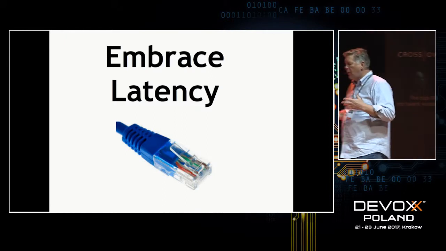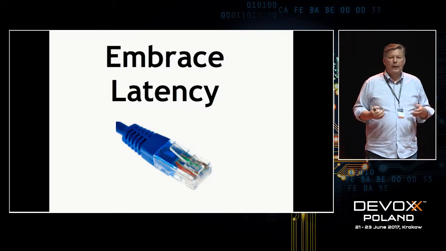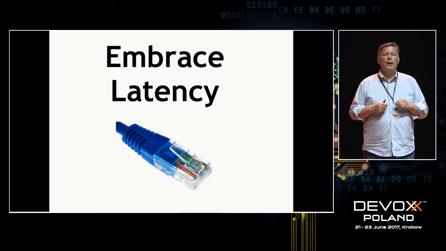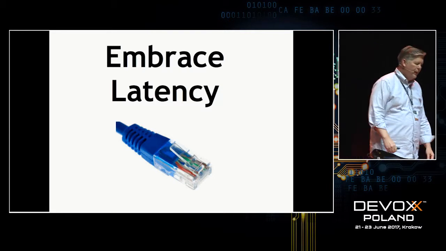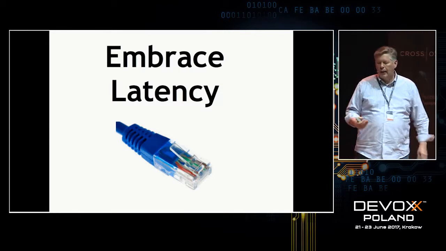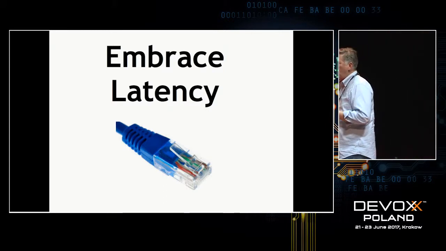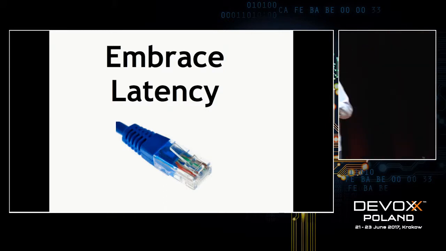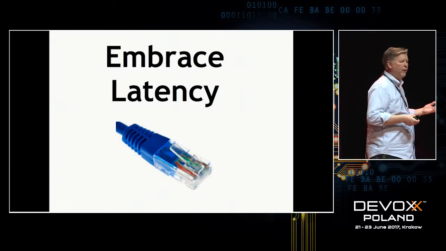The actor model also allows us to embrace latency. Whenever we introduce the network, we are automatically introducing latency, because as soon as we make a request over the wire, we don't know whether that wire is going to be fast. We don't know if the server on the other side of the wire is even going to be available.